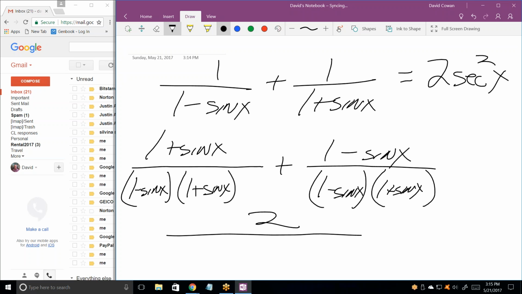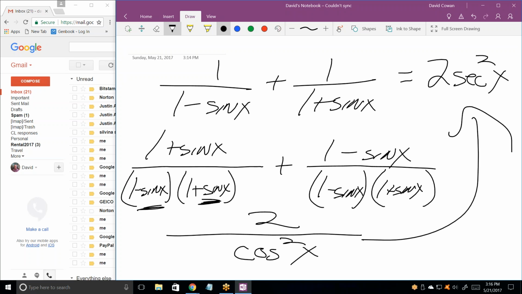Always look for that, difference of perfect squares factored. Just 1 minus sine of x squared. Which converts to 2 secant squared x. Exactly. First it converts to that, and then that converts to secant squared in the numerator. You get that. Okay.